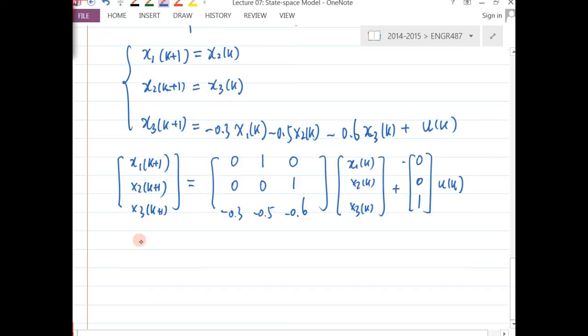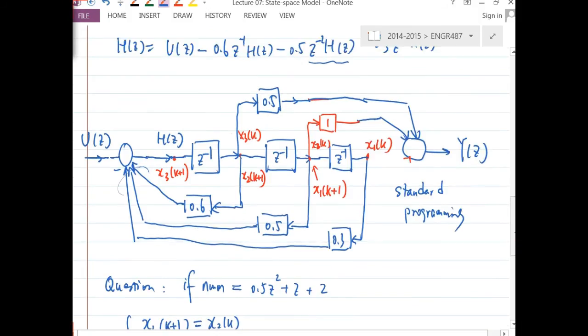So what's the output here? Output y of k. Based on this diagram, y of k equals 0.5 times this plus 1 times this.